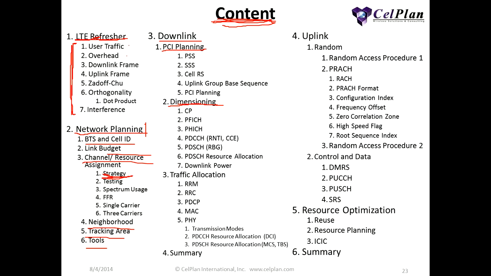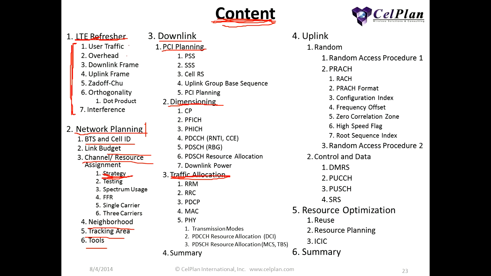It's impossible to cover all the parameters in this short time, so we chose the most important ones and we'll give you some guidance about other parameters, but of course there are hundreds of parameters that have to be planned and dimensioned. We are covering all the important ones, although everything is important.